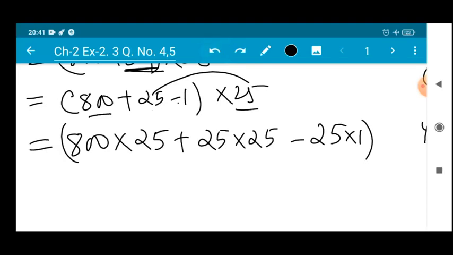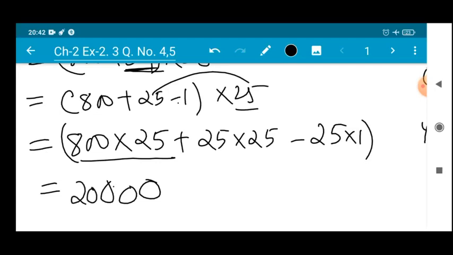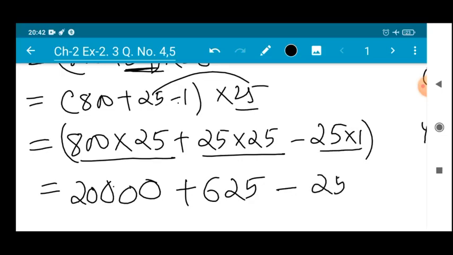Sign is very important. Now when you multiply 25 into 8, you'll get 5 eights are 40, 4 in hand, 2 eights are 16, 16 plus 4 is 20, so it is 20,000 plus 25 into 25. When you multiply, you'll get 625. You can check it out. And minus 25 into 1 is 25.